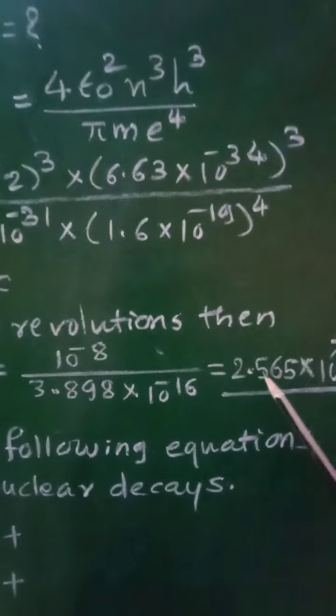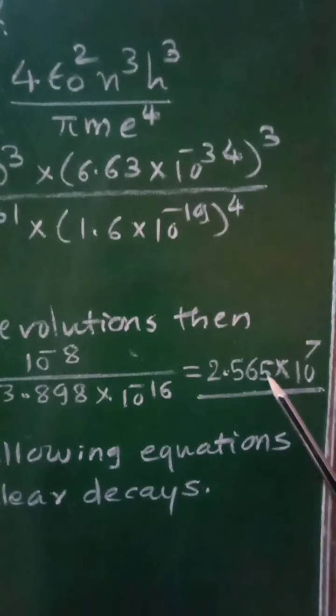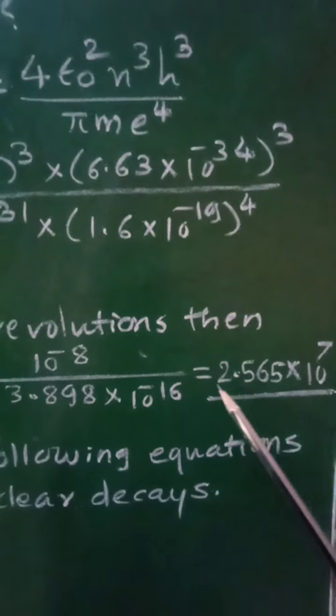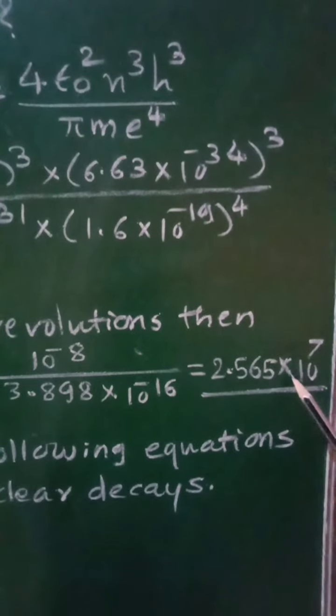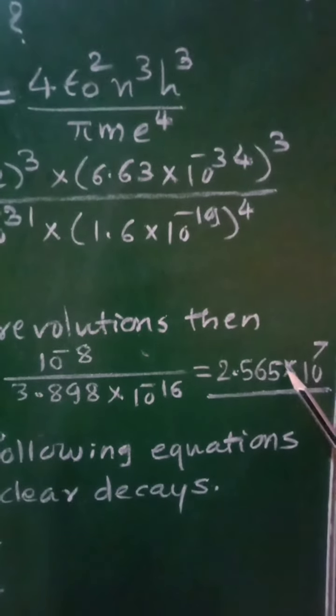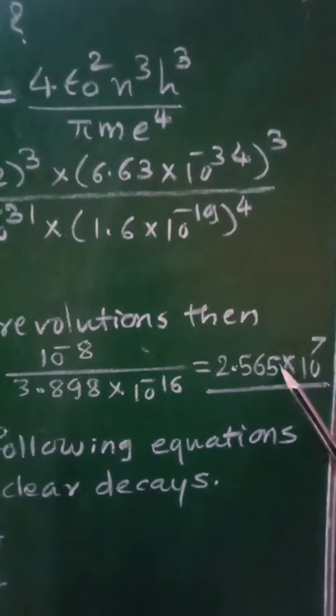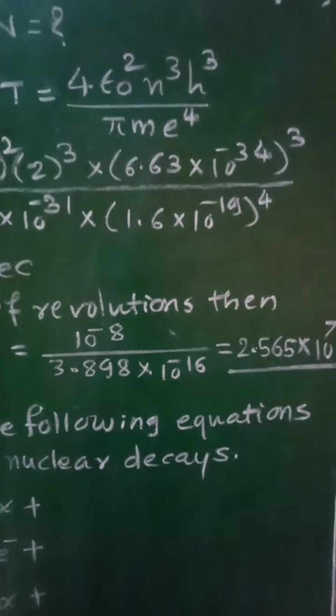Solving this we will get 2.565 into 10 raised to 7. So it will represent the number of revolutions of that electron.